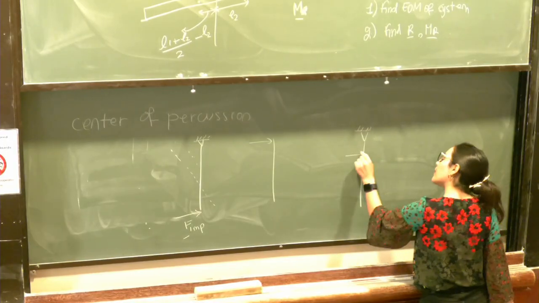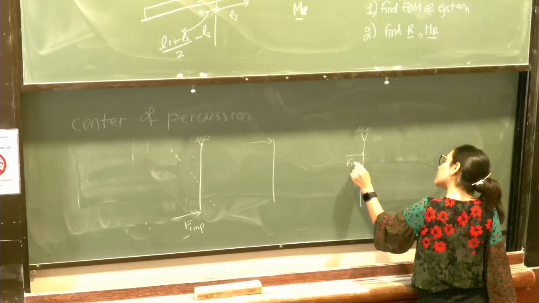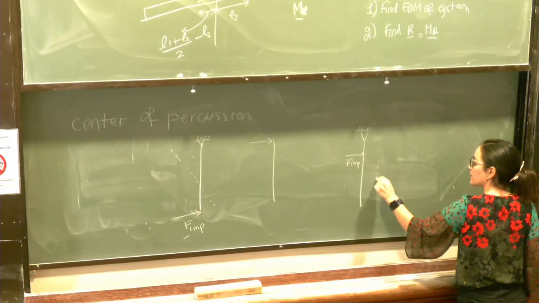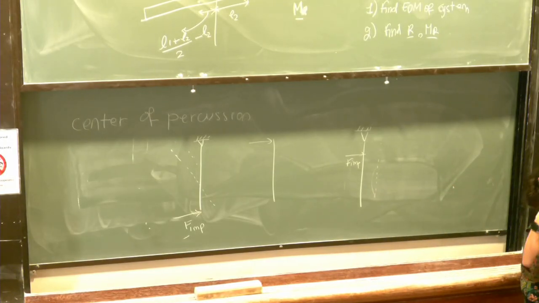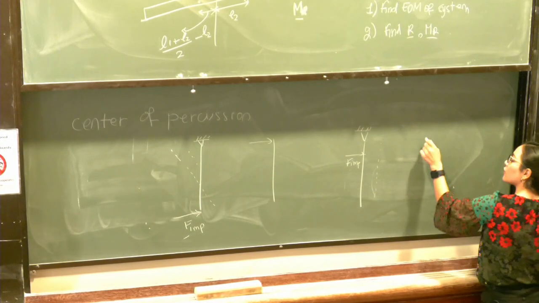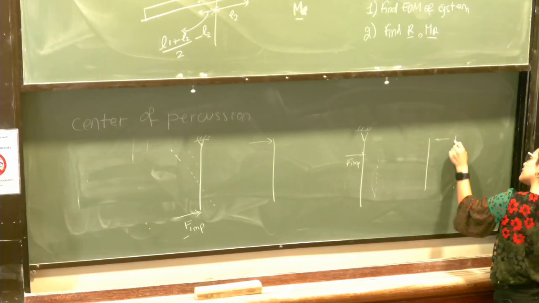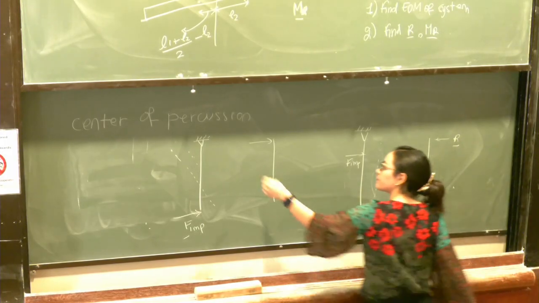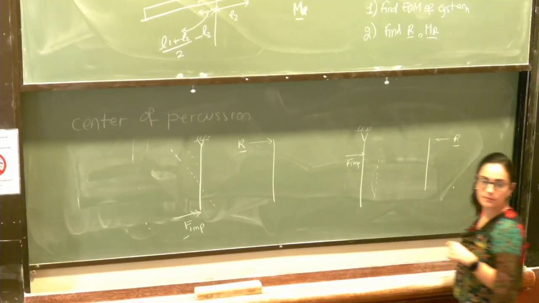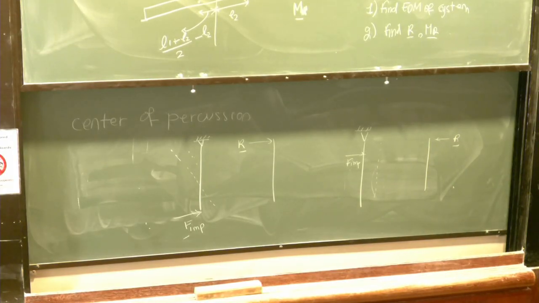Whereas if I impact the pen over here, the pen is going to try to displace like this, so I'm going to have a reaction force in this direction. Does that make sense? Try it.